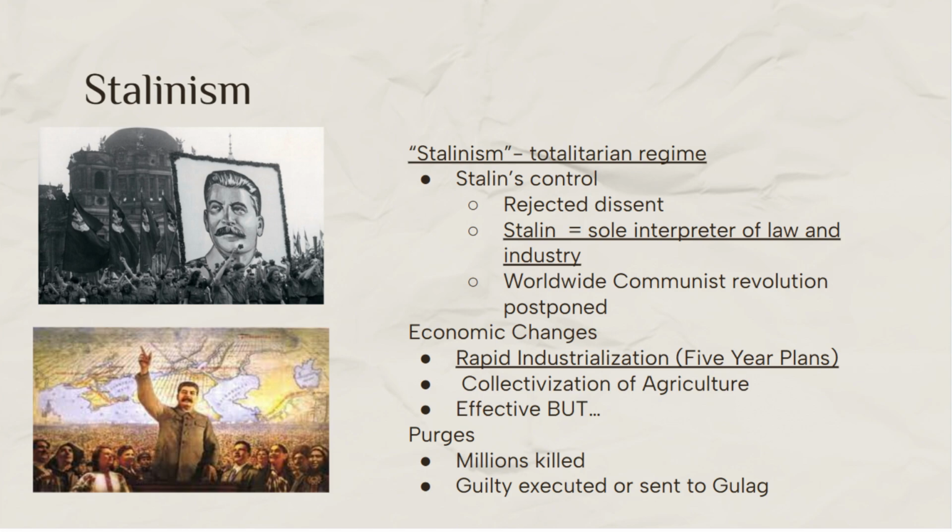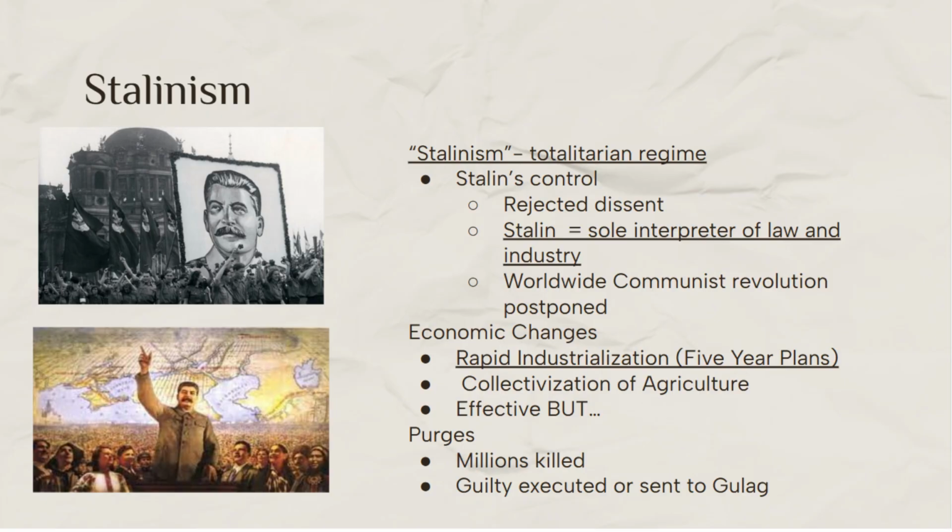So that encompasses that economy aspect of totalitarianism. He gets to decide what companies are going to be doing, what they're going to sell, what they're going to sell it for. He proposes a lot of rapid economic changes. He wants industrialization in Russia, and so we see that with the 5-year plans that he implements. He tries to collectivize agriculture.